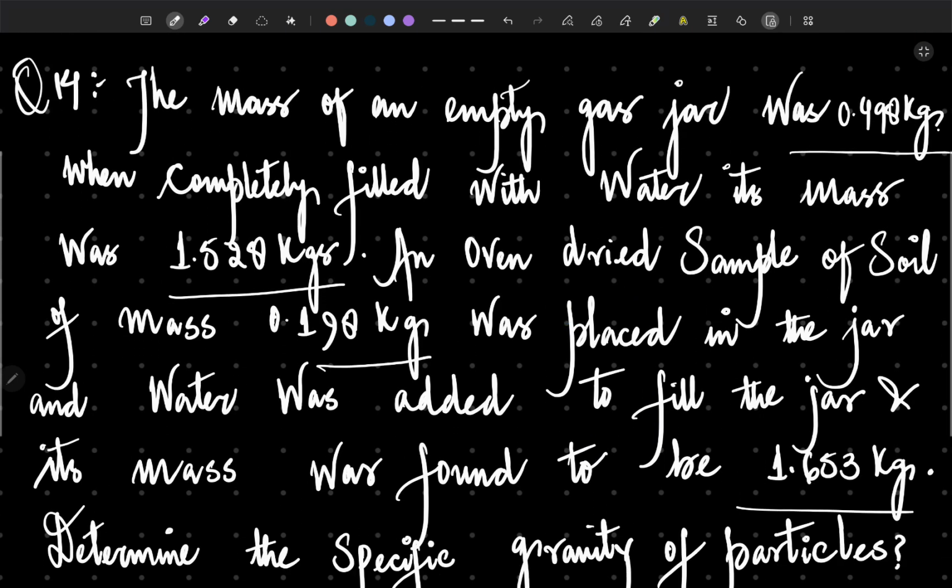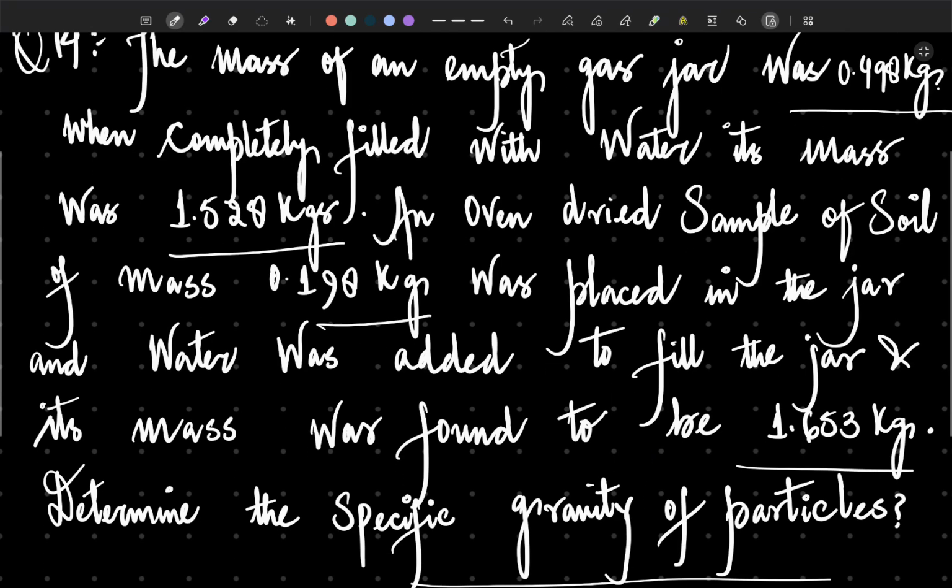As is evident from the data given in the question, this question is based upon the gas jar method for the determination of the specific gravity of soil solids. In this gas jar method, a gas jar of about 1 liter capacity is used, fitted with a rubber bung.